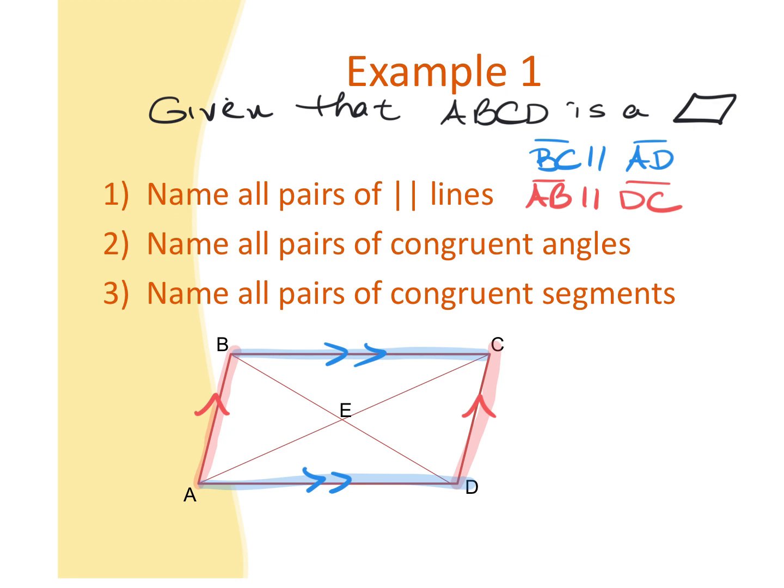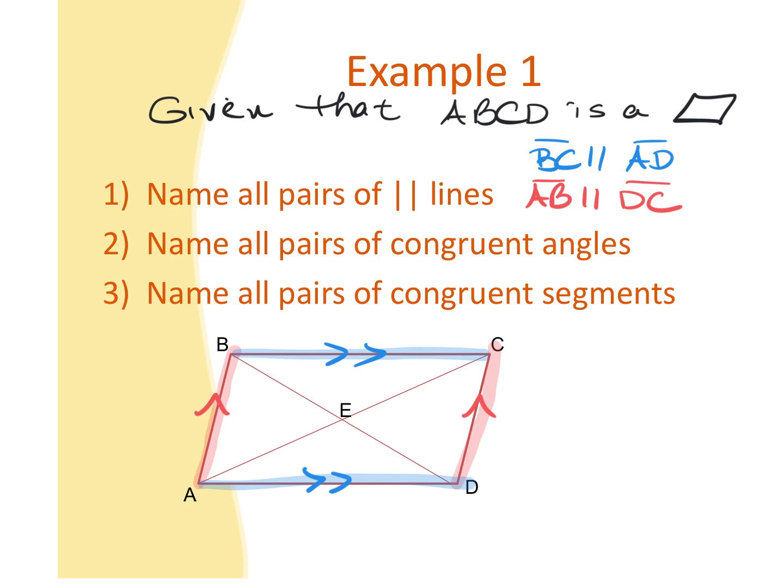Now, for part 2, it wants me to name all pairs of congruent angles. I got a lot. So let me go ahead and do number 3 first, and then I'm going to go back and do number 2. I'm going to have to redraw the picture a couple times because once I start adding in these congruency marks, it's going to be a lot.